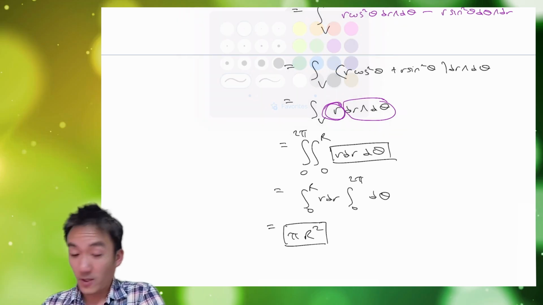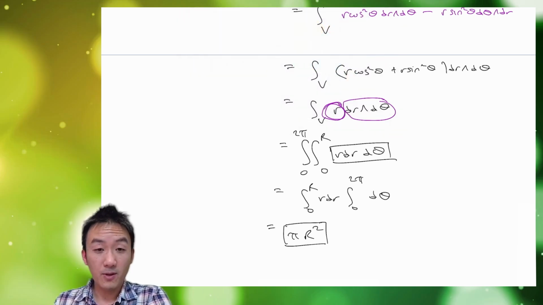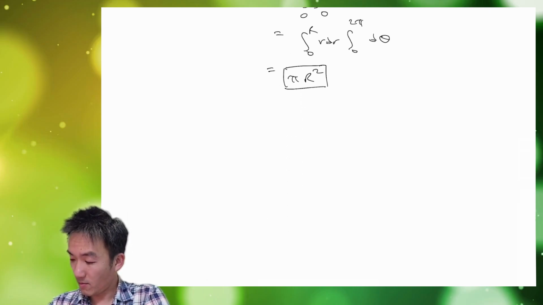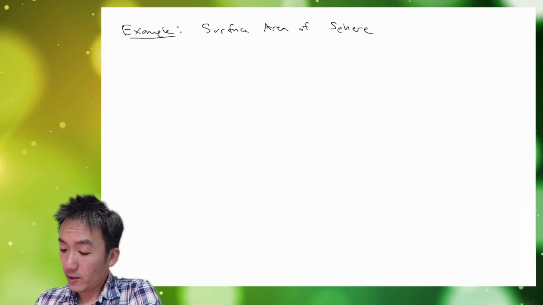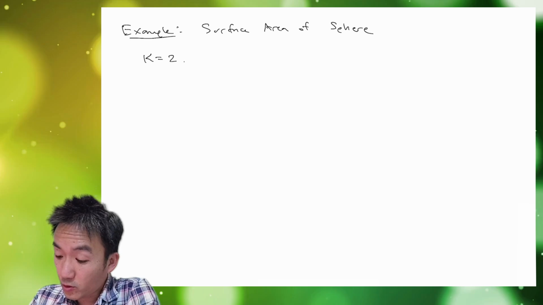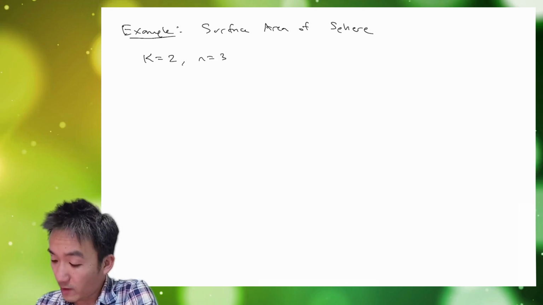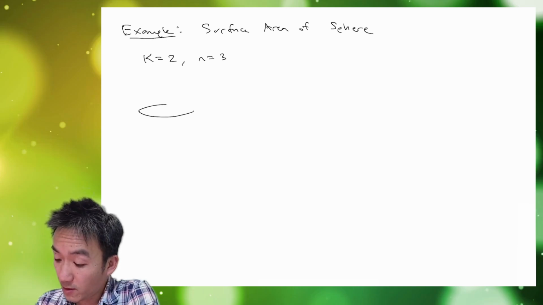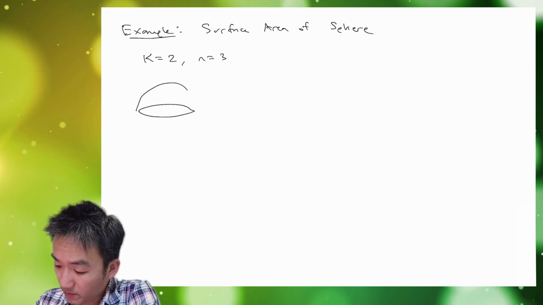All right, last computation. Let's compute the surface area of a sphere. So this is also the k equals 2, n equals 3 case, because we have a two-dimensional surface sitting in three-dimensional space.